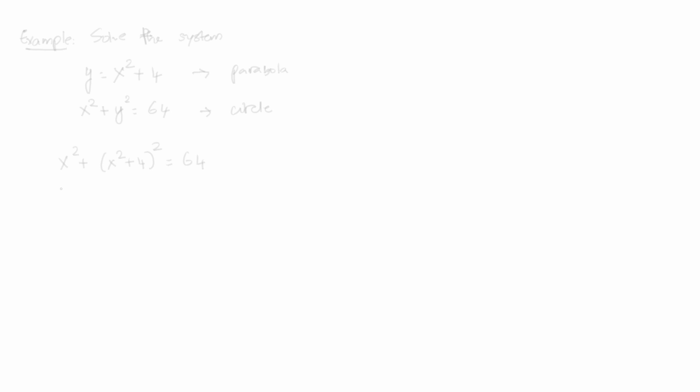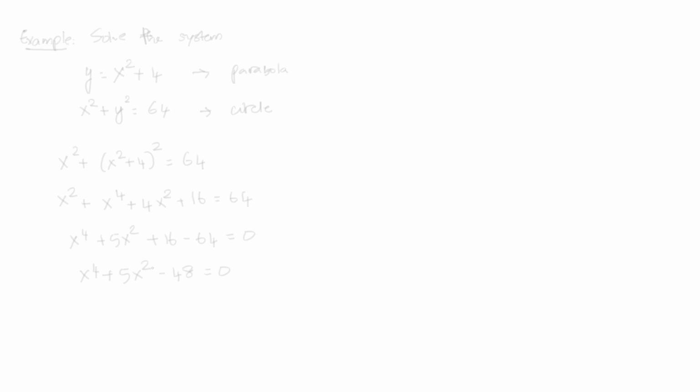Foil the second part. x to the fourth plus 4x squared plus 16 equals 64. x to the fourth plus 5x squared plus 16 minus 64 equals 0. x to the fourth plus 5x squared minus 48 equals 0.